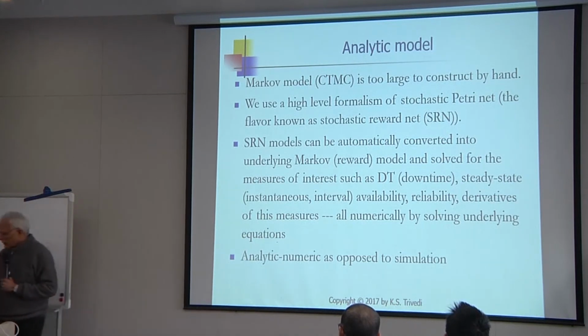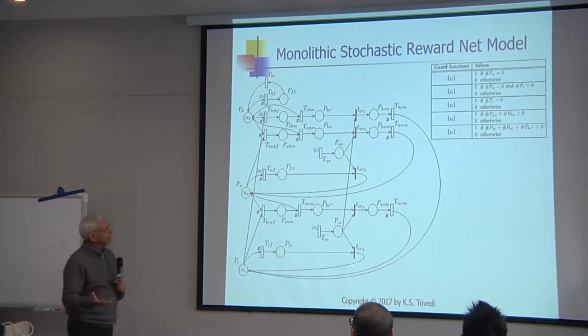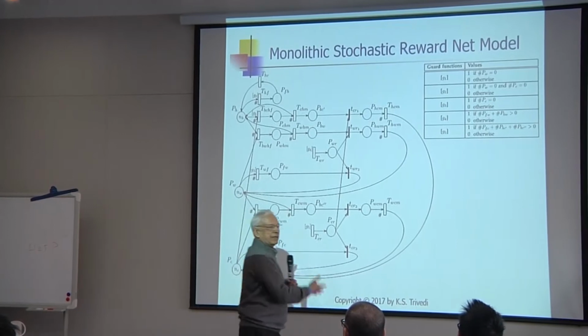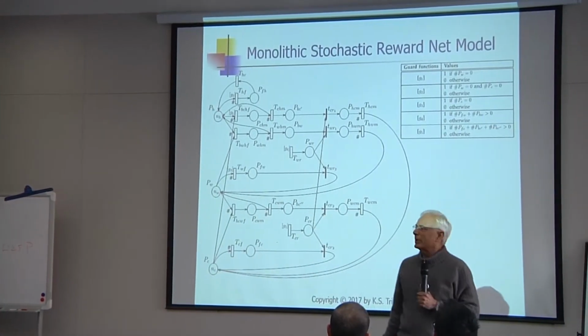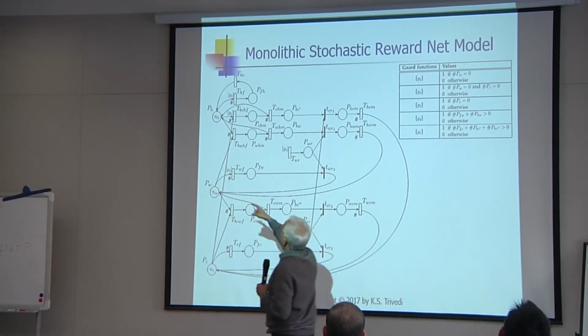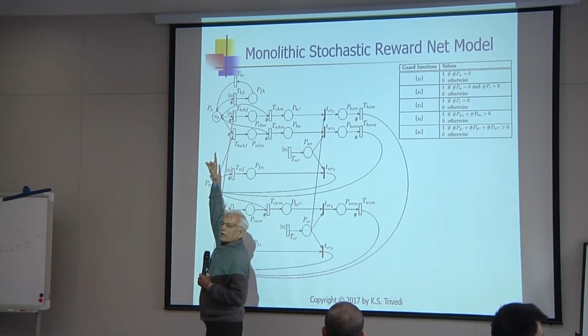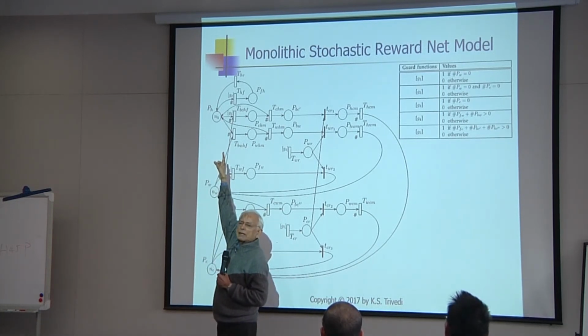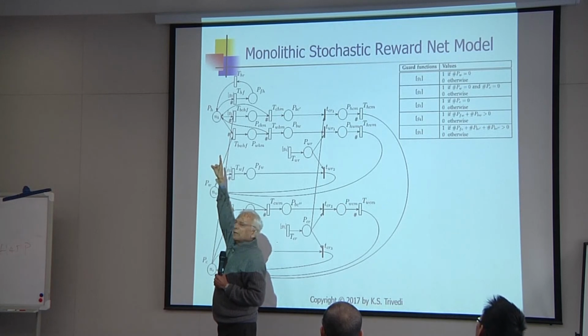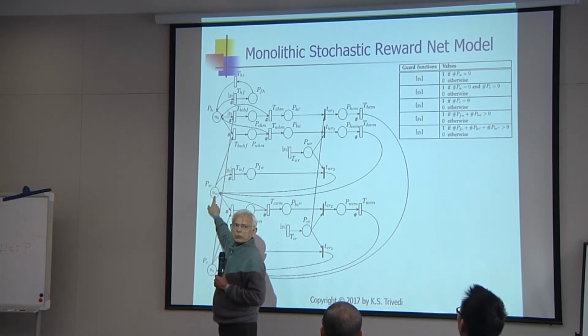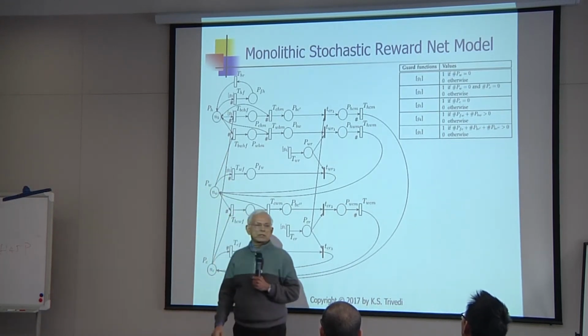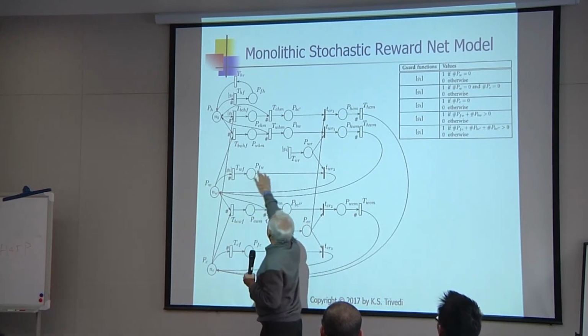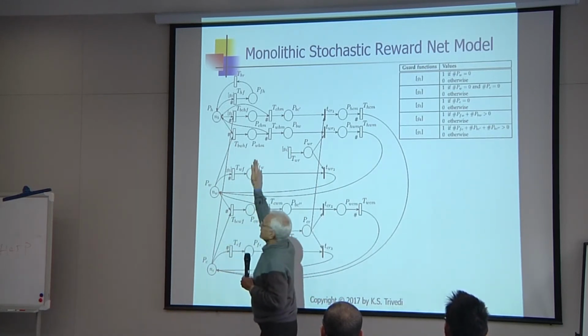So, the description of this model, I'm not going to go through all the details, but it's very, very simple. This is the availability model of a very complex cloud, and the place over there keeps track of how many hot machines are currently in the hot pool, the number of warm machines in the warm pool, the number of cold machines in the cold pool, and machines can fail and get repaired and migrate and so on, right?